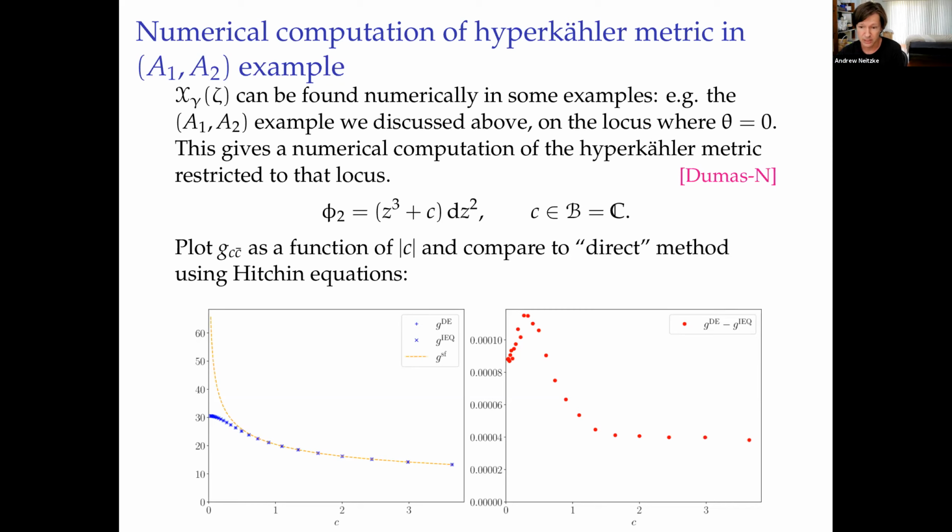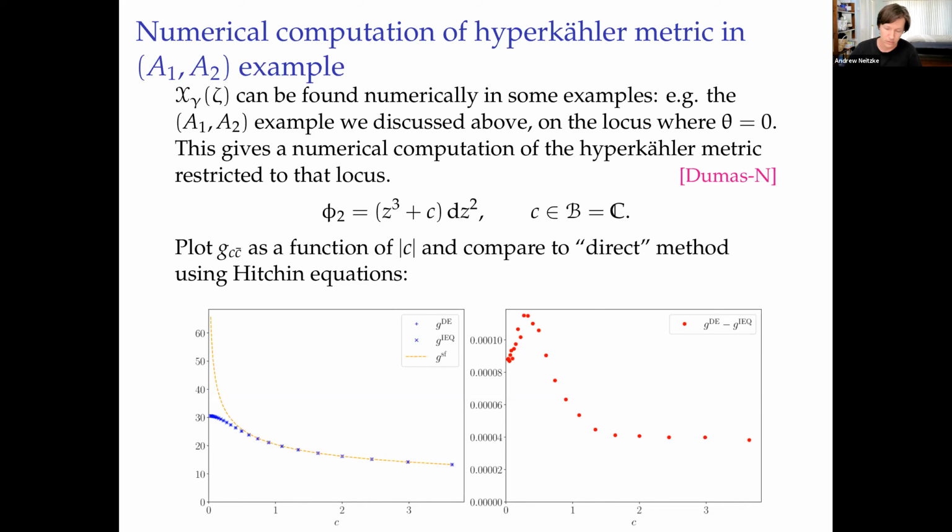And so in the left frame here, I'm showing, okay, the plus and the x are two different ways of computing that metric coefficient. So the x is using these integral equations. The plus is the direct way. I told you that this metric can be computed concretely by solving an elliptic PDE and then taking an L2 norm.